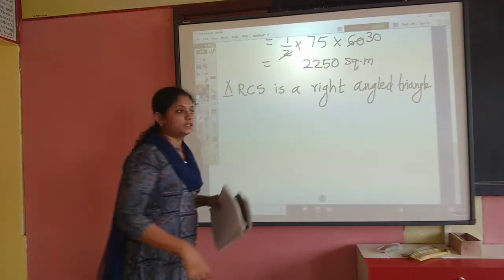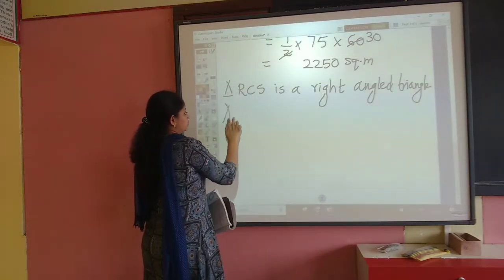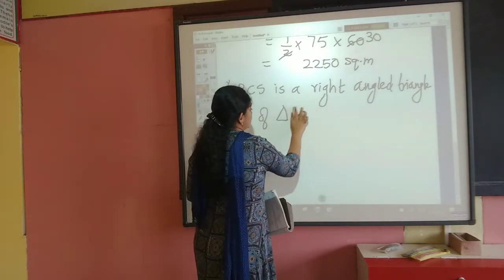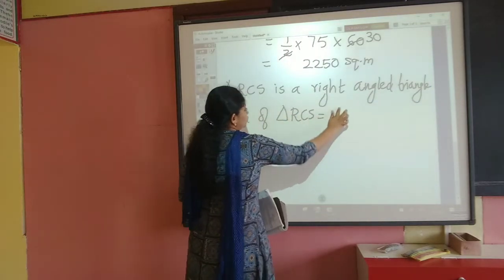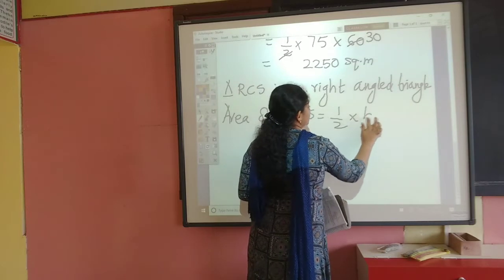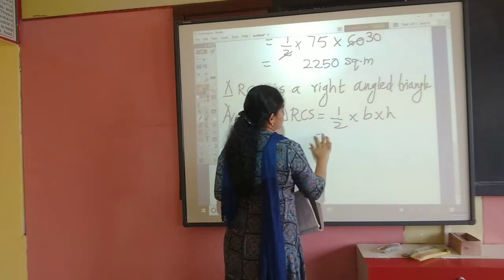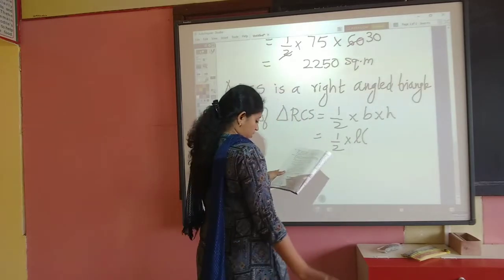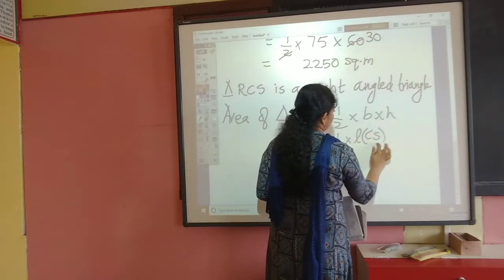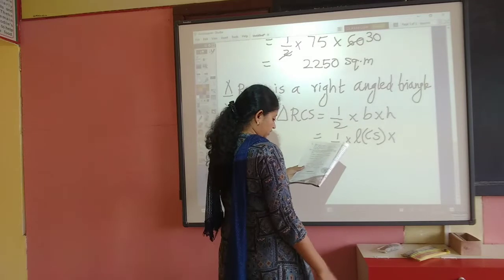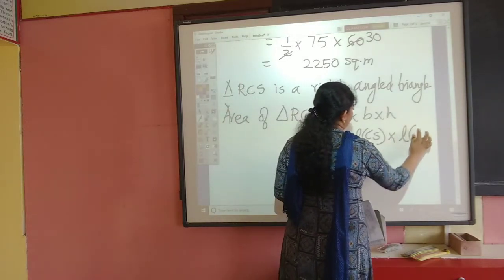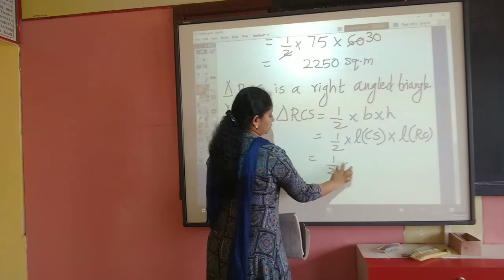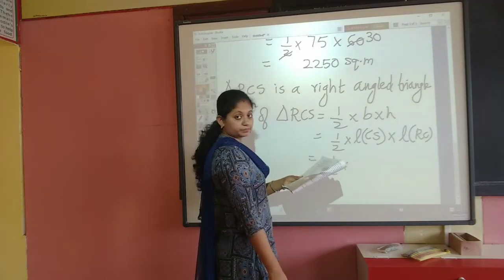Okay. Then write down area of triangle RCS is equal to half into base into height, which is the base given there, length CS, into what is the height given, length RC. Now substitute the value, half into what is CS given.